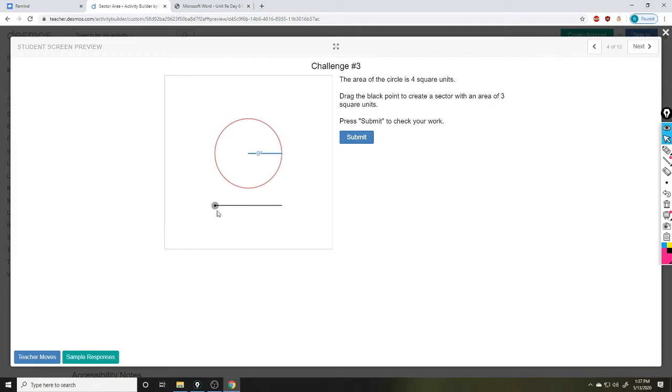Well, hopefully from remembering our rotations, you remember that 3/4 of the way around would go 270 degrees. So if we know the angle measure and know that we can go exactly 270 degrees, check our answer, and it turns out, yes, that is exactly 3 for our area.